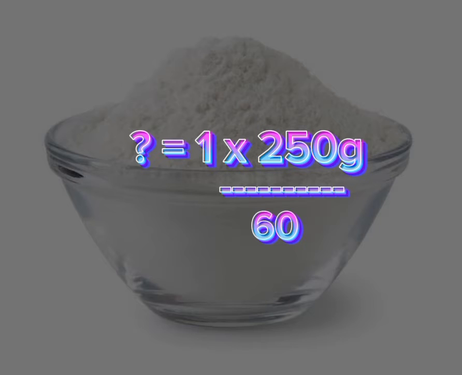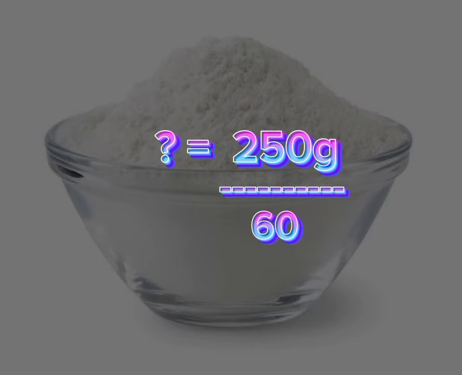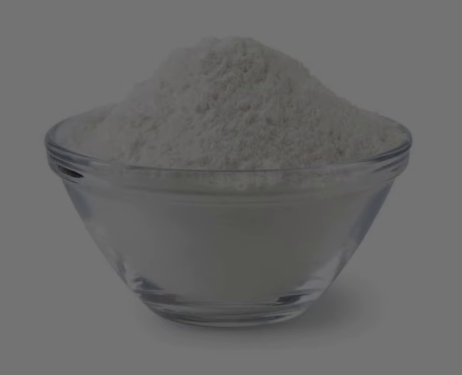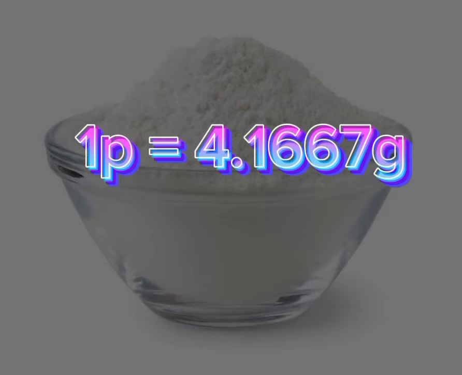And I believe you're aware that 1 times anything is that same thing. 1 times 250 grams over 60 is 250 grams over 60. And if we cancel out, we have 4.166666.